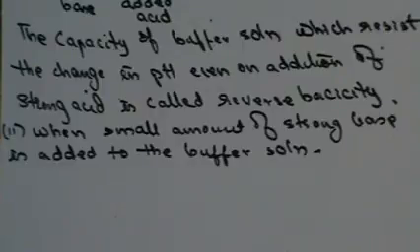You already have excess positively charged ammonium ions in the solution. Because of the common ion effect, there are excess ammonium ions. These excess ammonium ions will combine with the added hydroxyl ions to get neutralized, right?